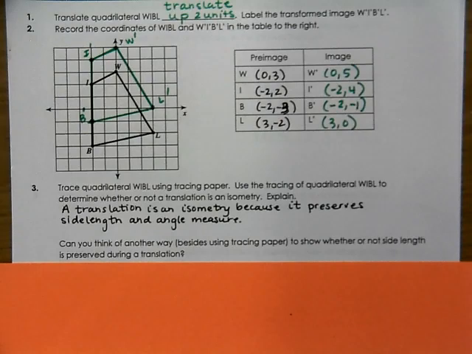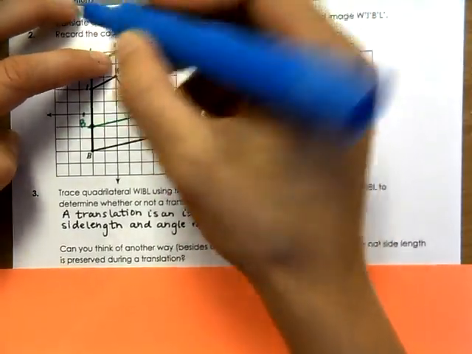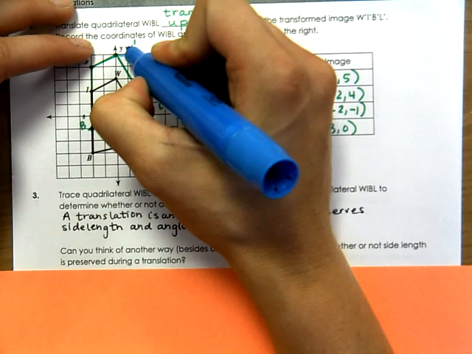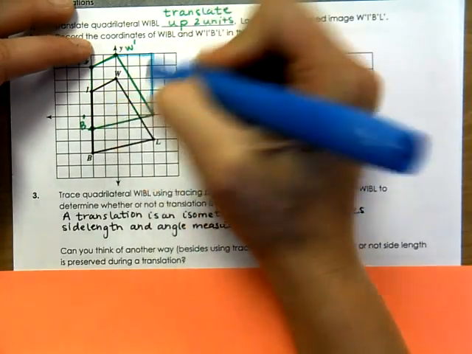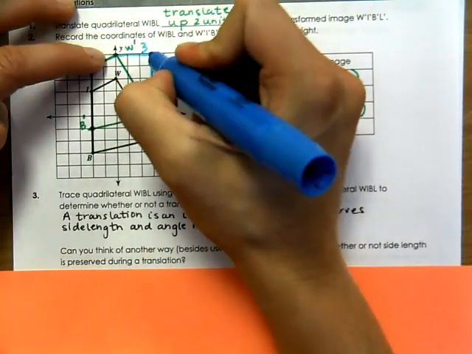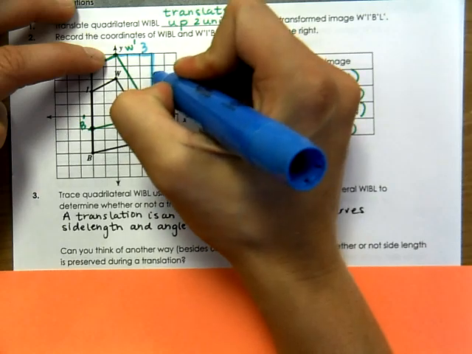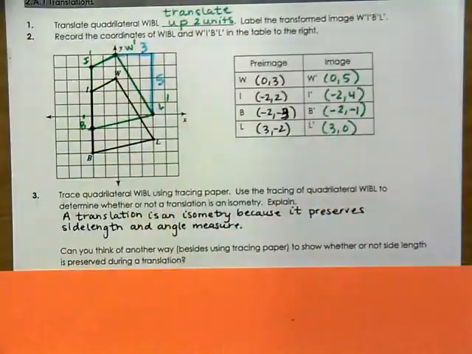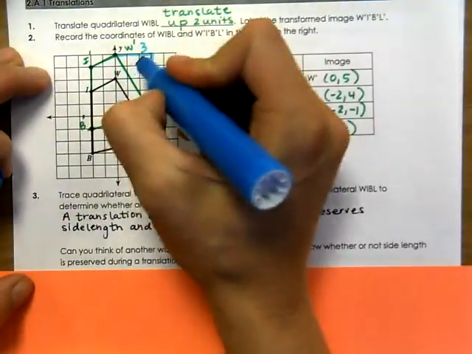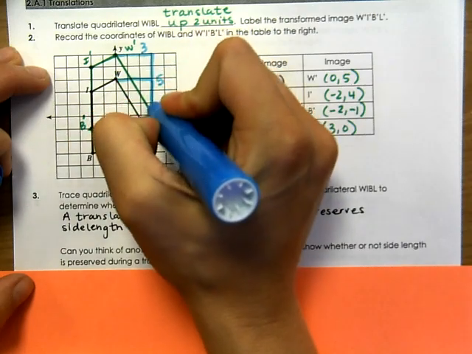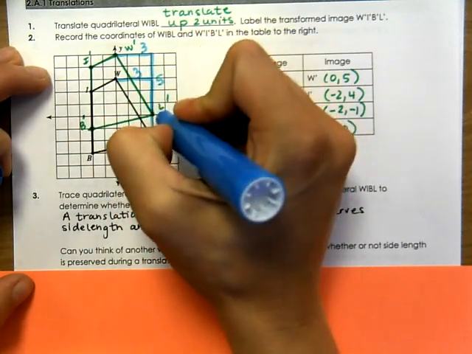What is another way? Well, in order to find the length, I can think back to when we did the Pythagorean theorem. If I wanted to find this length here, I could draw in a right triangle, and I know that this length is 3, and this length is 1, 2, 3, 4, 5. I could find W prime L prime there, and I can do that for this triangle as well. This is 3 and this is 5.